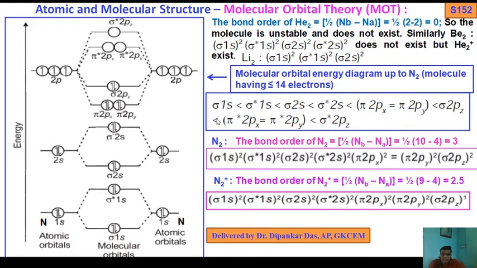Then sigma 2s, then sigma star 2s, then pi 2px equivalent to pi 2py, less than sigma 2pz, less than pi star 2px equivalent to pi star 2py, less than sigma star 2pz.